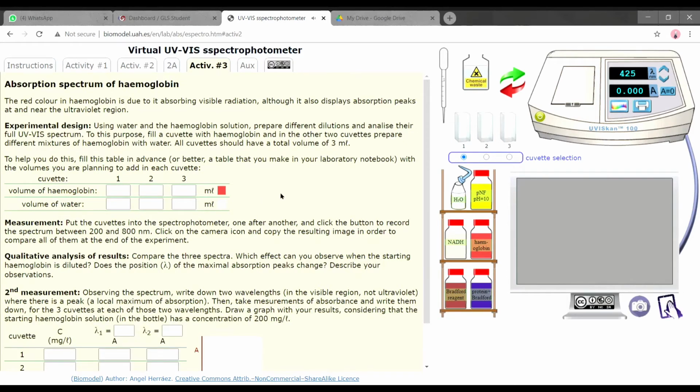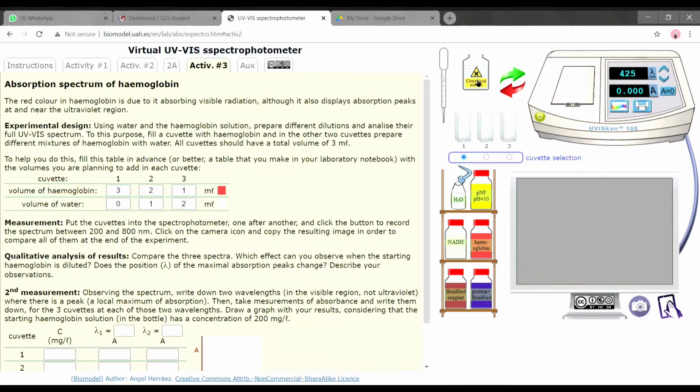So the next question is we need to prepare different dilutions and analyze their UV-Vis spectrum. So we need to fill a cuvette with hemoglobin and the other two cuvettes. We need to prepare a different mixture of hemoglobin with water. So for the cuvette 1, the volume of hemoglobin is 3 and the volume of water is 0. The second one, we put it 2 and the volume is 1, and the third one 1 and the water is 2.